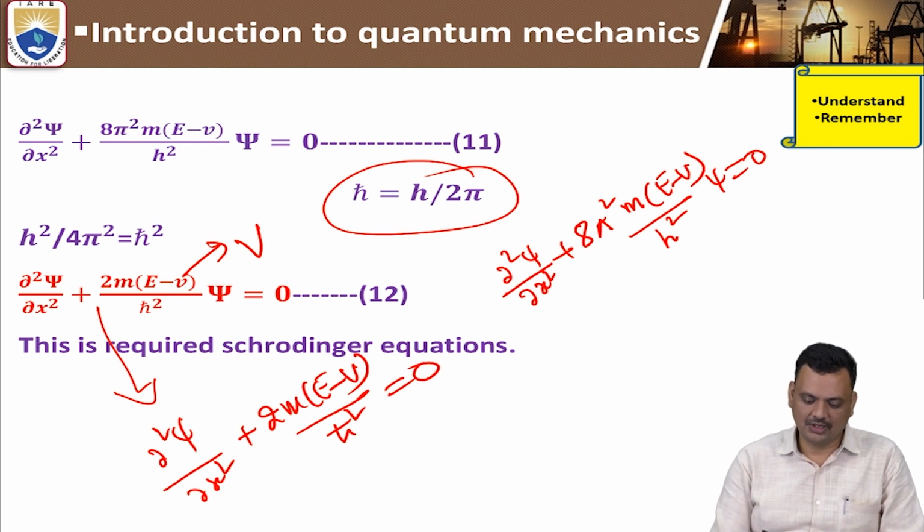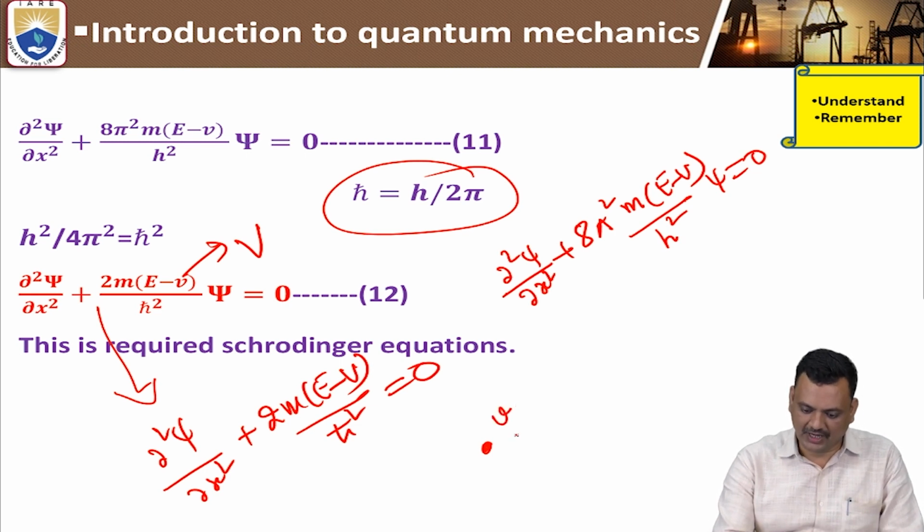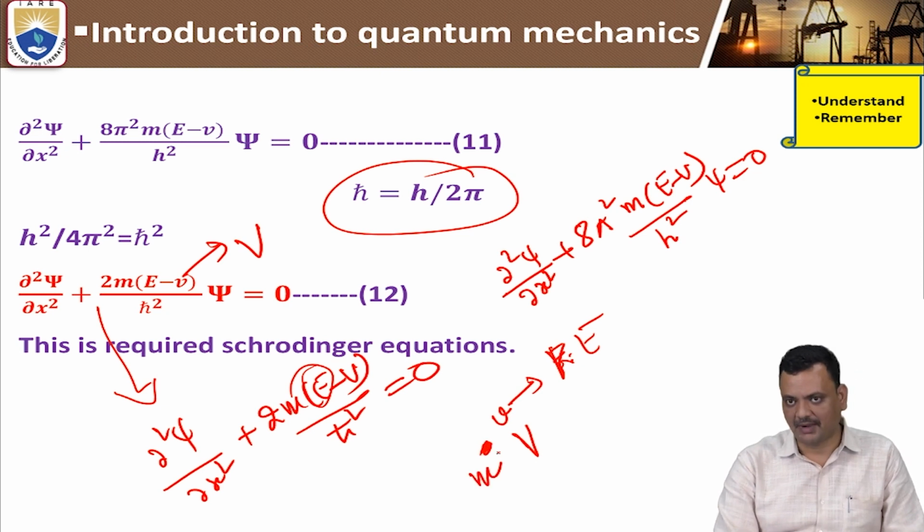So if any particle is moving with velocity v having potential energy capital V, from this you can determine kinetic energy, total energy. Obviously kinetic energy plus potential energy is total energy E. You also know the mass m of this particle.